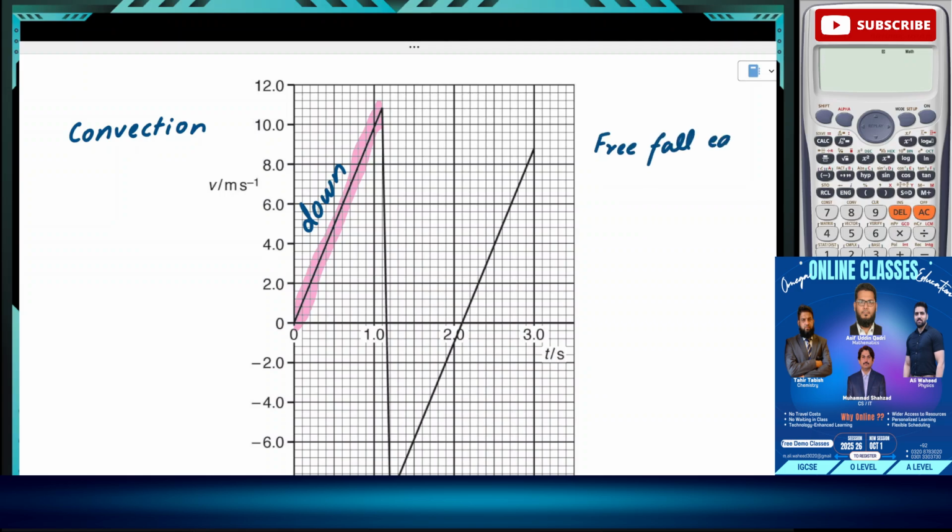Or the equations of motion, which can be used for free fall also. We have four equations.